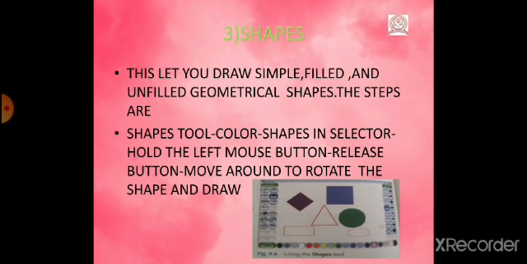Means any geometrical shape which you select will start to draw from center, and when you hold the left mouse button and drag, it will increase its size. Now release the mouse. Okay. Move around to rotate the shape and click to draw it. Means you can draw it anywhere in the drawing canvas you want.